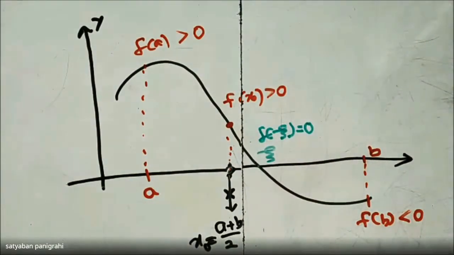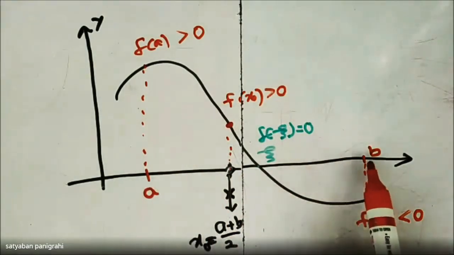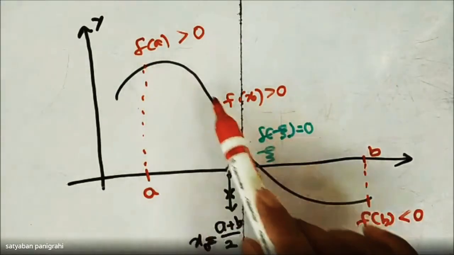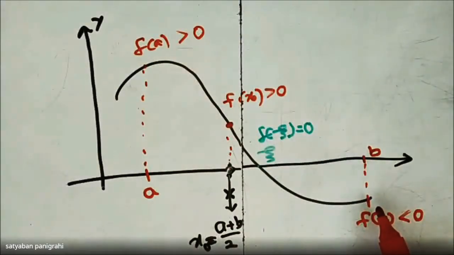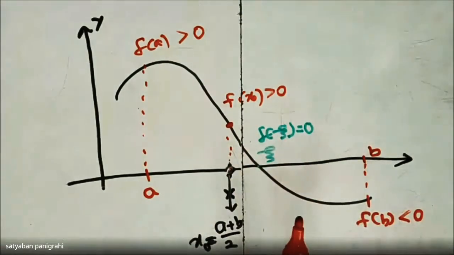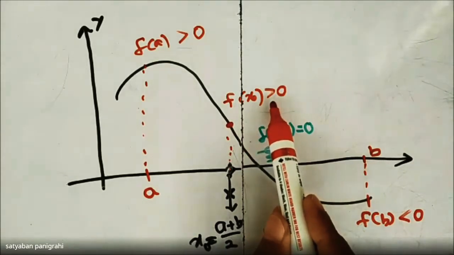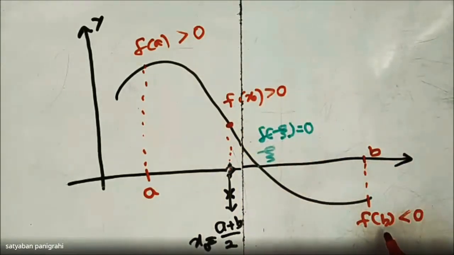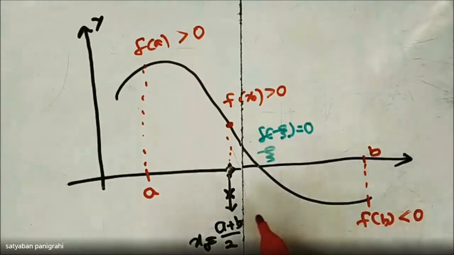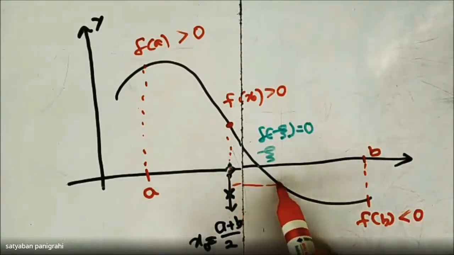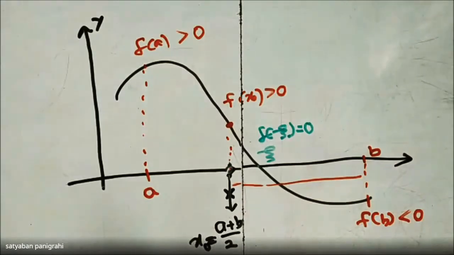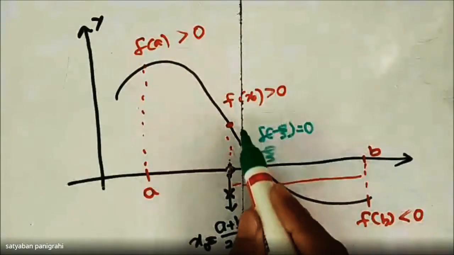So, using that concept, if a and b are 2 points and f(a) and f(b) have opposite sign, then a root exists in this interval. As f of x0 is positive and f of b is negative, there exists a root in this interval, so we approximate the root by this point.